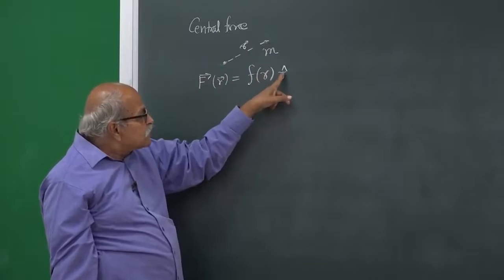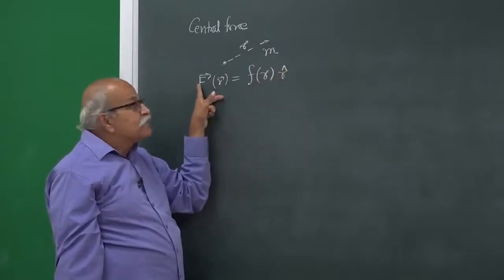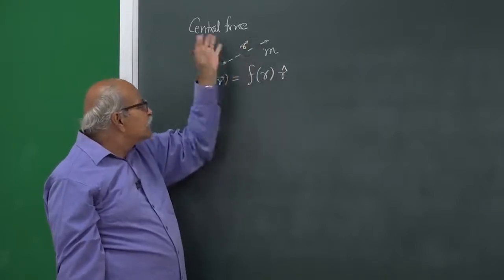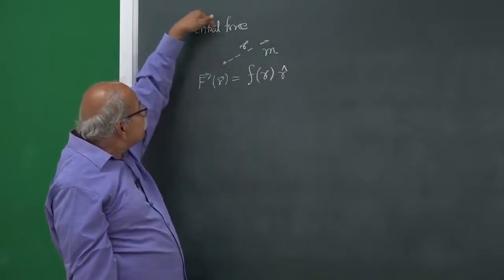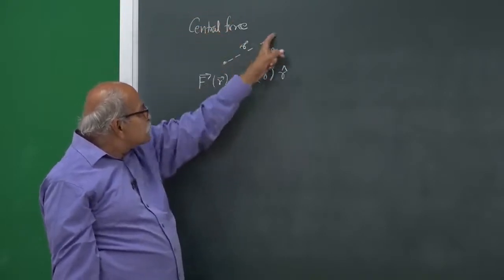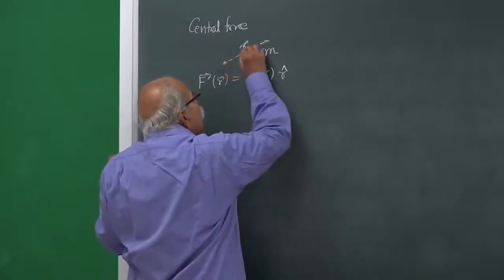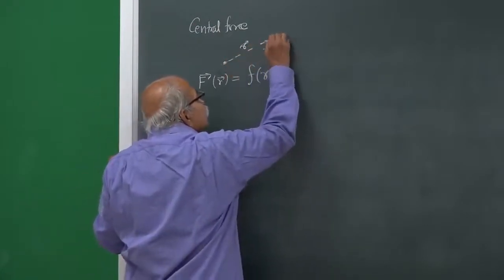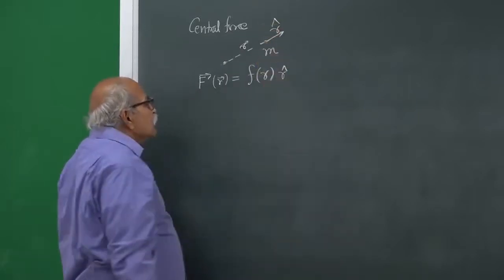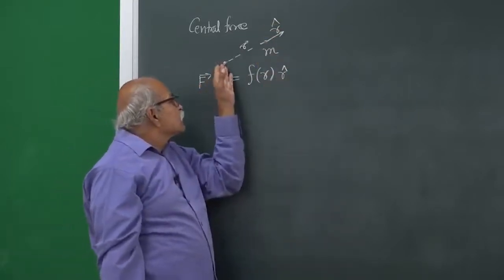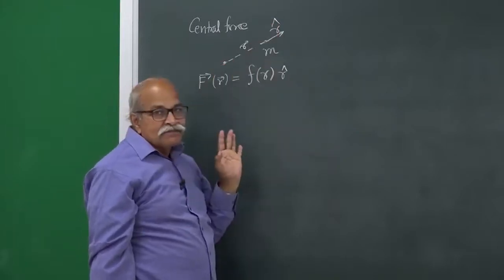And this direction is the direction of the force. It need not be in general this direction, but for a central force it has to be in this direction. This r cap vector is along this line, in the increasing r direction, the unit vector along the direction of this position vector, known as r cap.